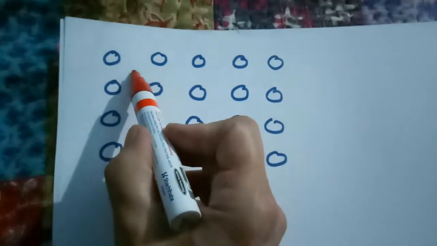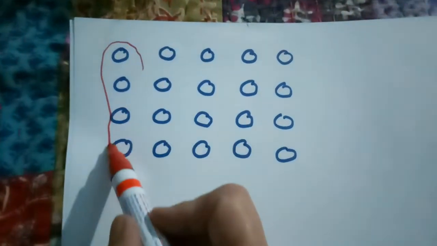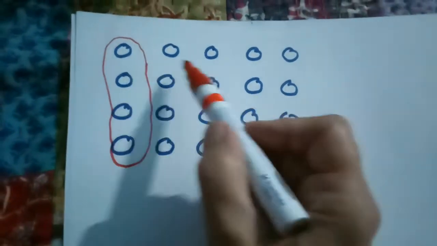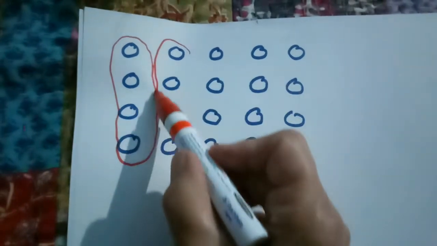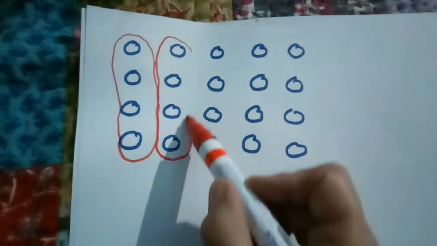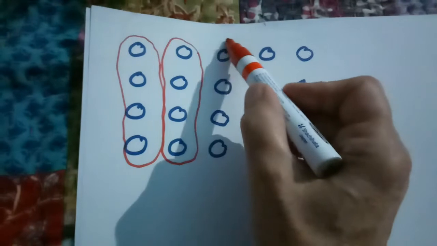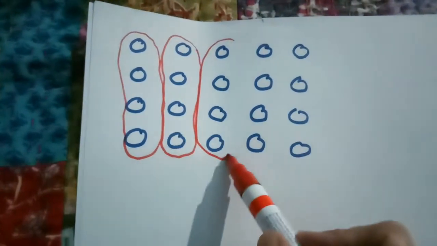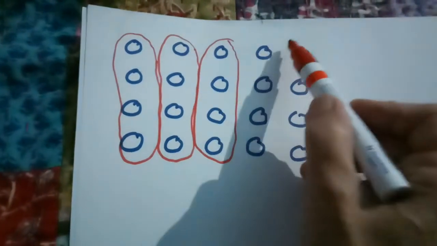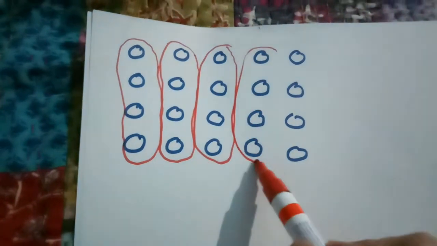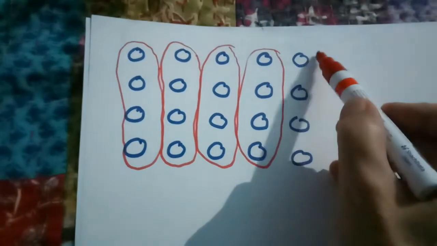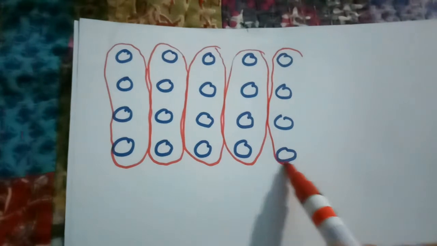So this is going to be our multiplication. Here's one group. Here's another group. So I'm making groups of 4, right? Here's another group. Here's another group. And here's another group.